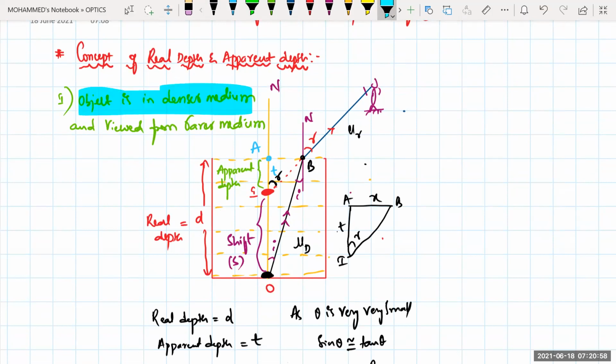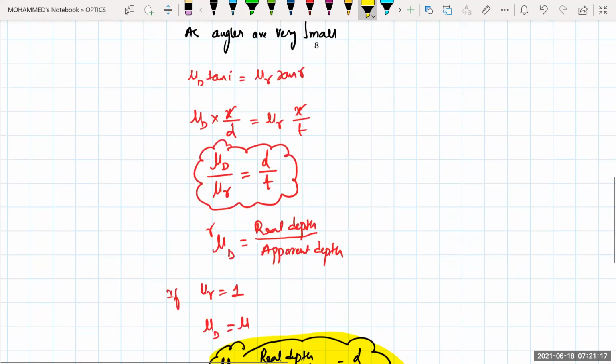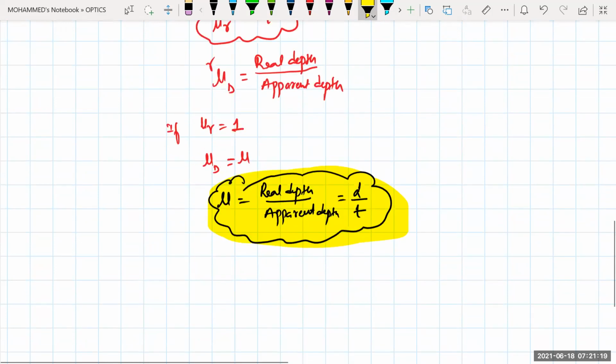Is it clear? The object is in the denser medium and we are viewing it from the rarer medium.